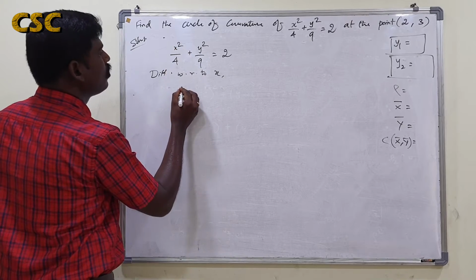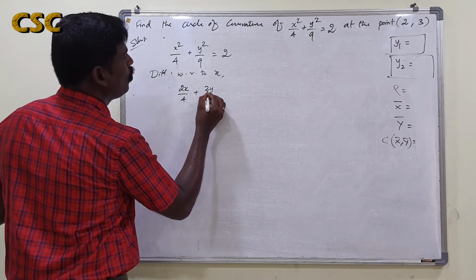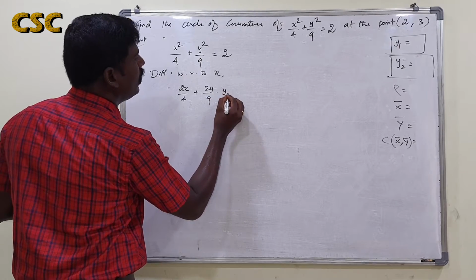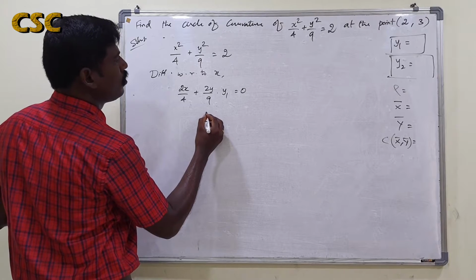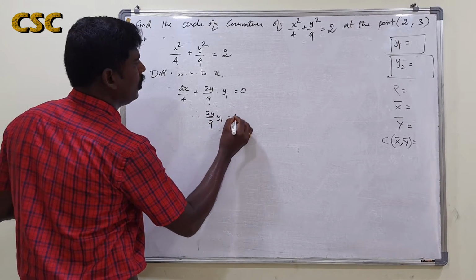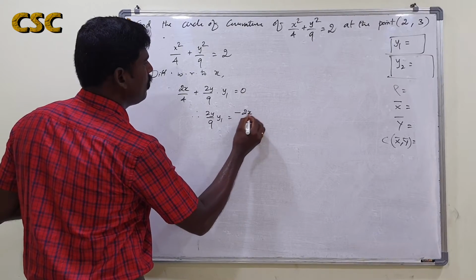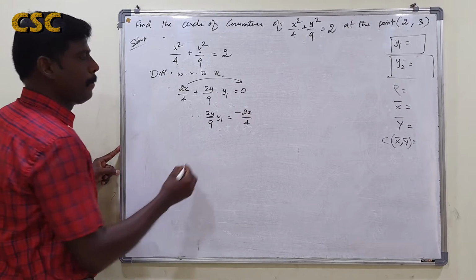Differentiating with respect to x, x square becomes 2x by 4, plus y square becomes 2y by 9 into y1, equal to 0. Therefore 2y by 9 into y1 equal to minus 2x by 4, taking 2x by 4 to the right hand side.